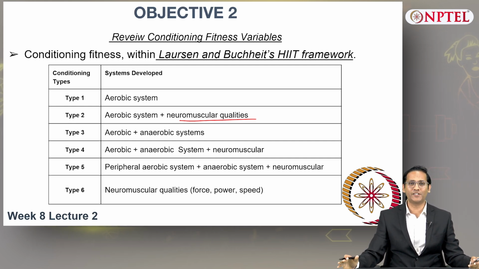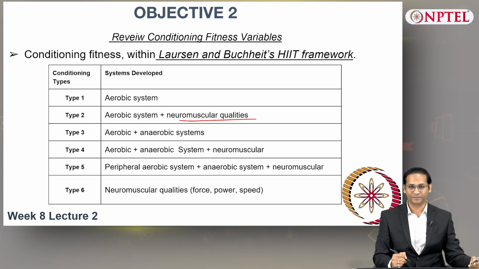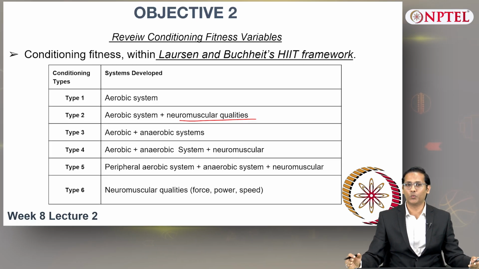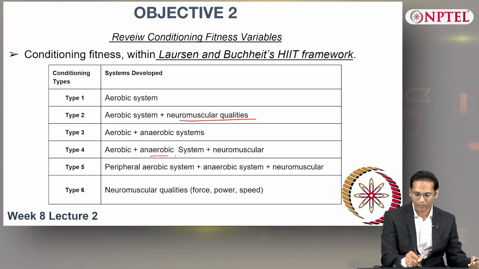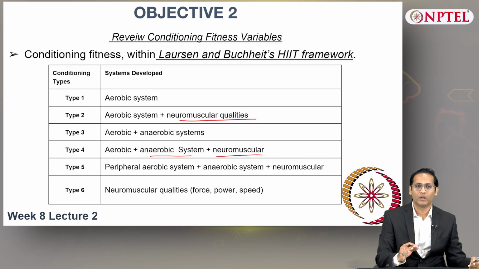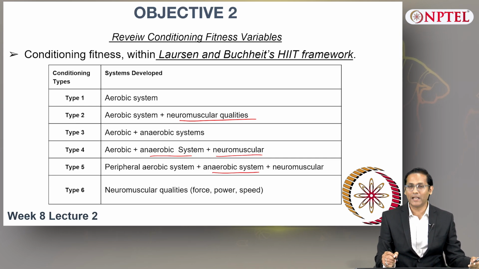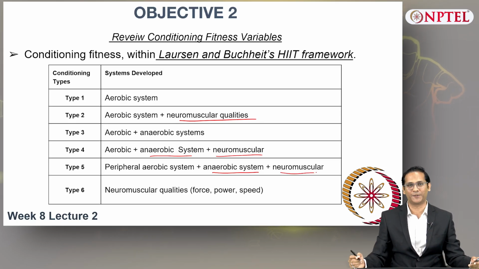Now type 3 conditioning is with aerobic conditioning as base, and your focus is to improve your anaerobic conditioning. Type 4 conditioning is with aerobic conditioning as base, and your focus is to develop 2 types of system, the anaerobic system as well as the neuromuscular system. Then type 5 conditioning, you focus only on anaerobic conditioning and neuromuscular conditioning.